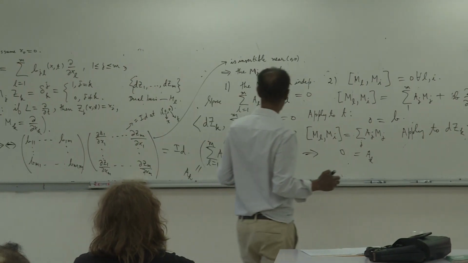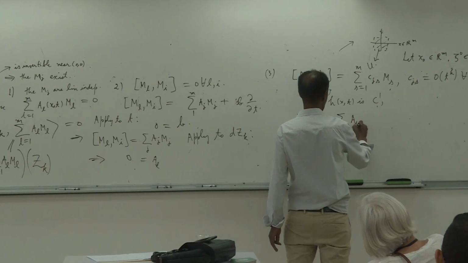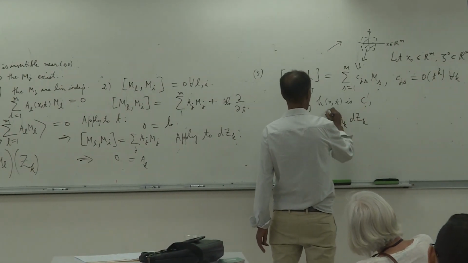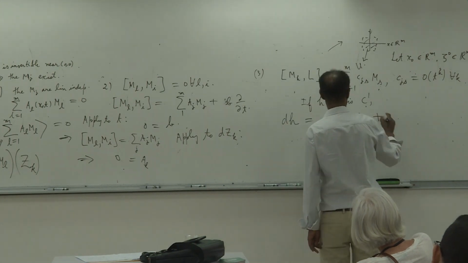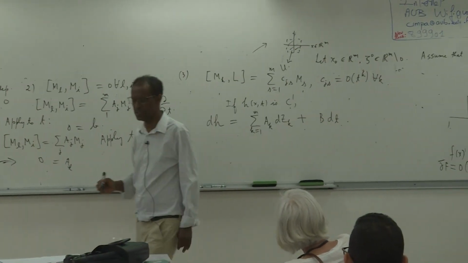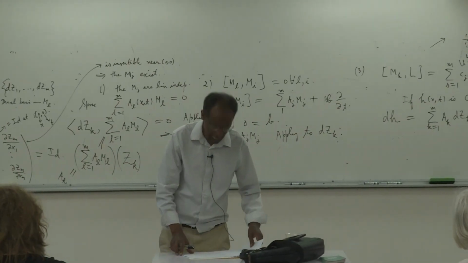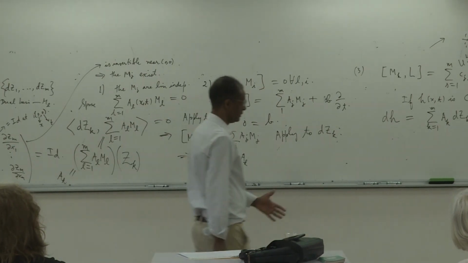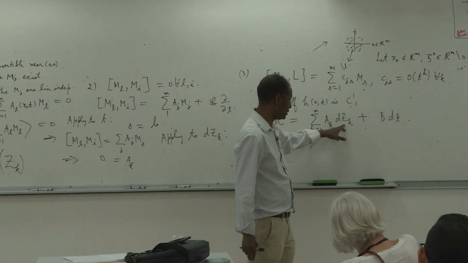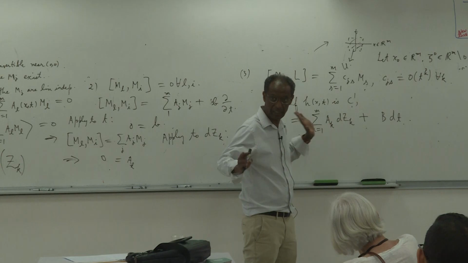The basis of one forms we have seen here is, for example, the dzk, k equals 1 up to m, and then there is the dt. So the differential of h is the sum of ak dzk plus b times dt. The reason these form a basis is because at the origin, remember, the dzk are like dxk, okay?